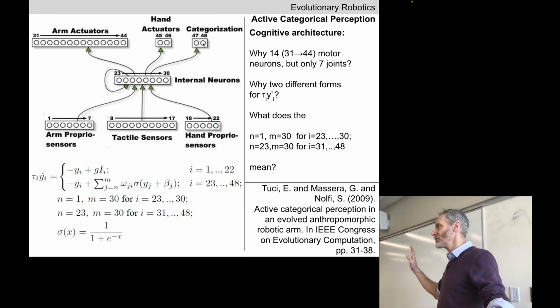We'll come back and talk about those in a moment. And then there's 8 hidden or internal neurons between the sensor neurons and the motor neurons. Why 7 arm proprioceptive sensors? What are those 7 proprioceptive sensors sensing?